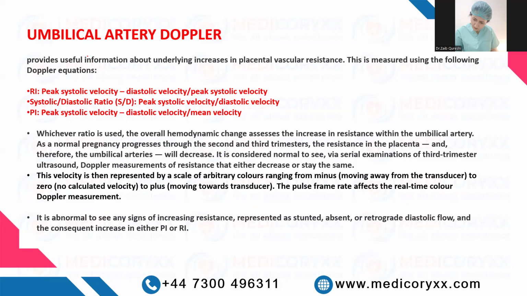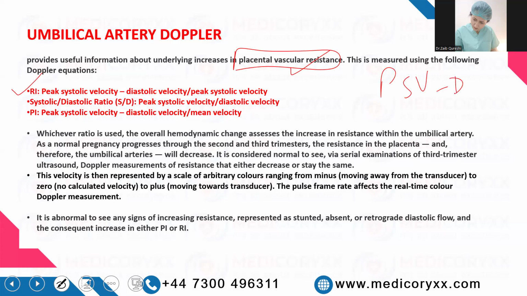So umbilical artery Doppler. We will quickly go through how they look at the Doppler. Umbilical artery Doppler gives us information because of the placental vascular resistance. This is measured as RI, resistance index, which is calculated as peak systolic velocity minus diastolic velocity, divided by peak systolic velocity.